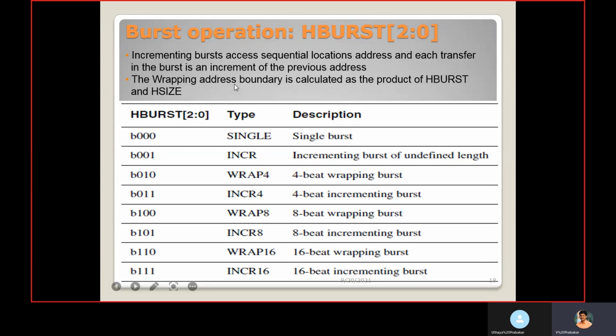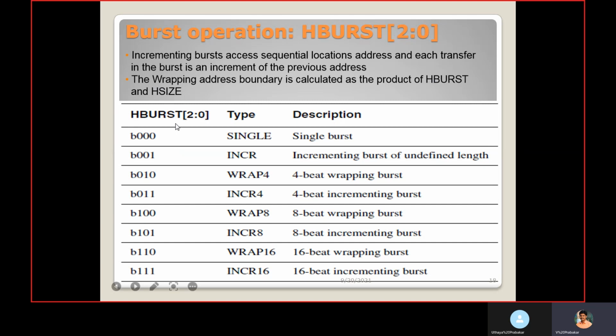The wrapping address boundary is calculated as the product of fetch burst and fetch size. Wrapping means, as I already told, the address will increment within a fixed boundary. That boundary is calculated with the help of fetch burst and fetch size.